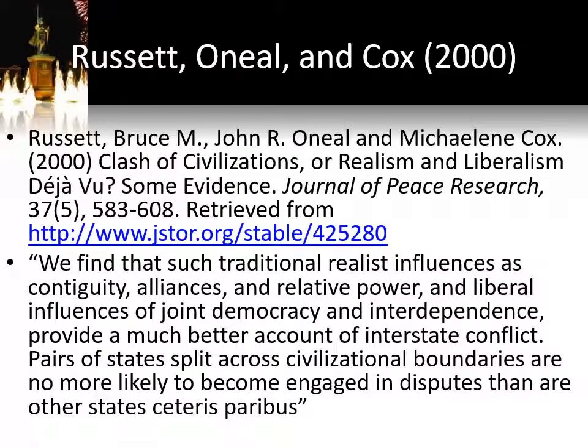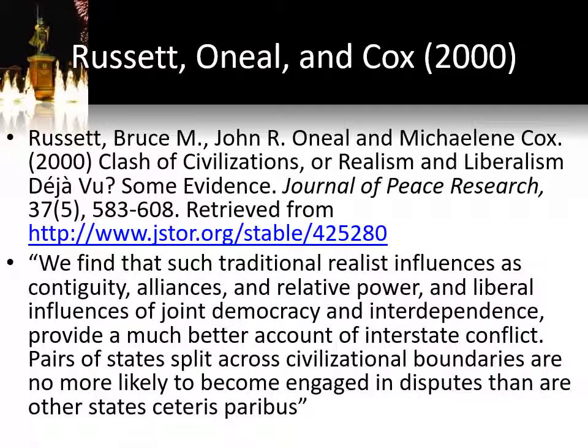Russett, O'Neal, and Cox do this. There are a few examples of people that did it, not all of them given here, but they look at it and say, all right, is this a clash of civilizations, or is this simply the other ideas we've had going on? Basically, this paper does two things that are important.